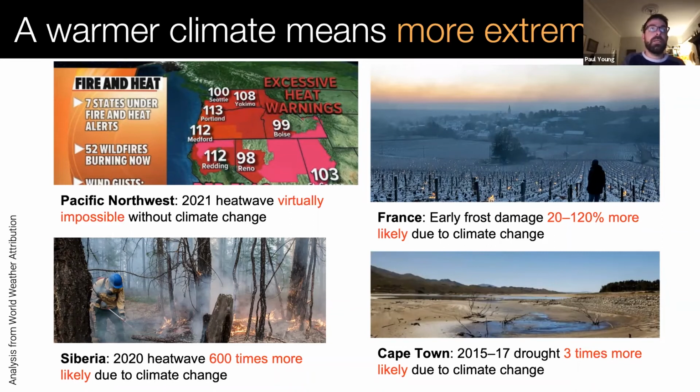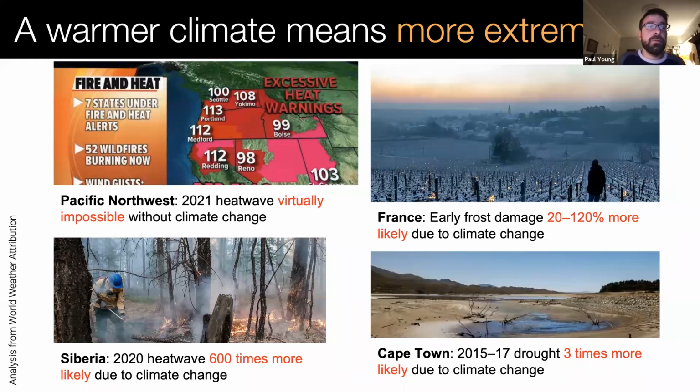Some of you may recognize some of these from the news. There were extremely hot temperatures in the Pacific Northwest, this region of America, but also going into Canada. Scientists' analysis says it would have been virtually impossible for an event like this to have happened without climate change.